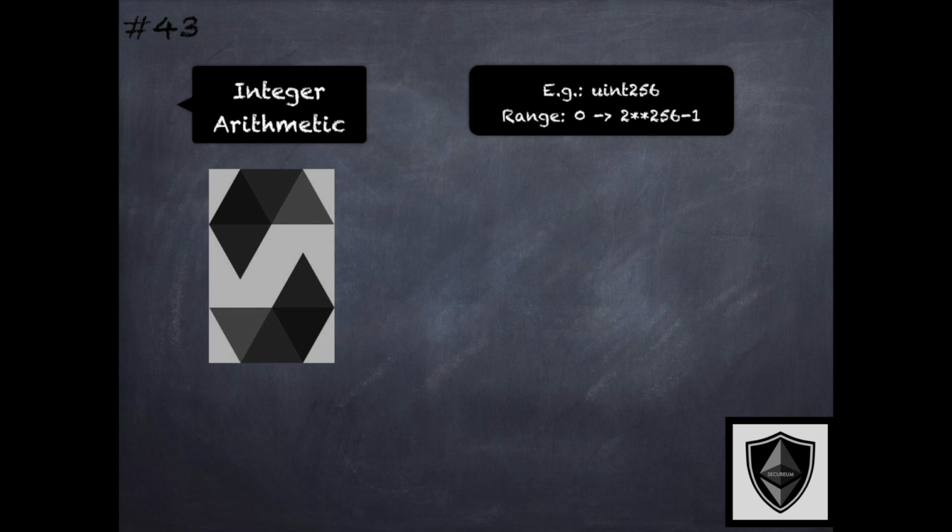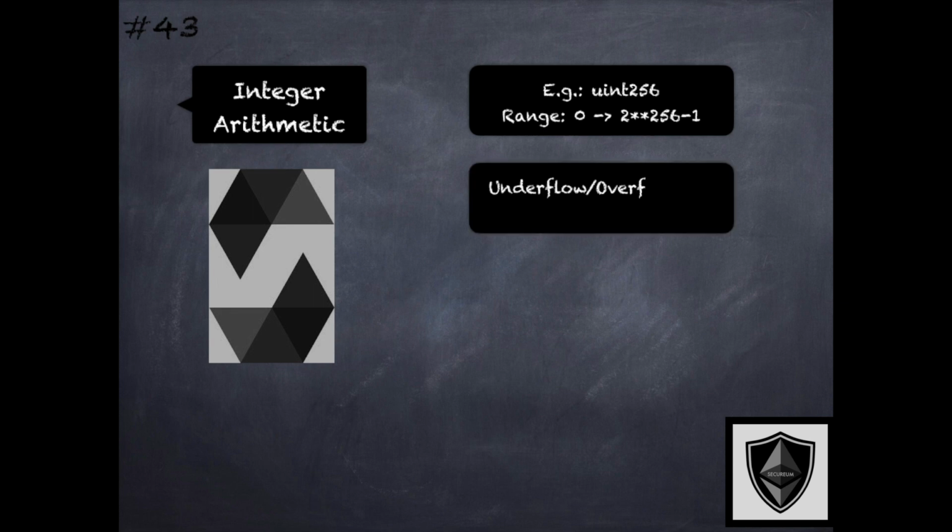So for example, if you have uint256, then the range of that variable is from a value of 0 to 2^256 minus 1. And if there is any operation on that variable of, let's say, uint256 type that forces it to go beyond this range, then it leads to what is known as an overflow or an underflow.